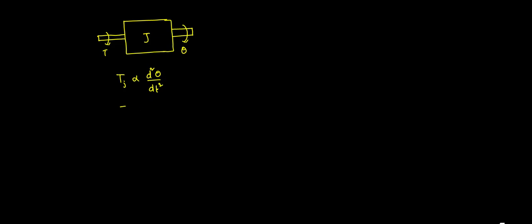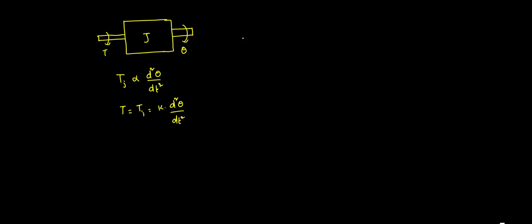So we can write T equal to Tj equal to J into d square theta by dt square. This is the torque balance equation for the ideal element.